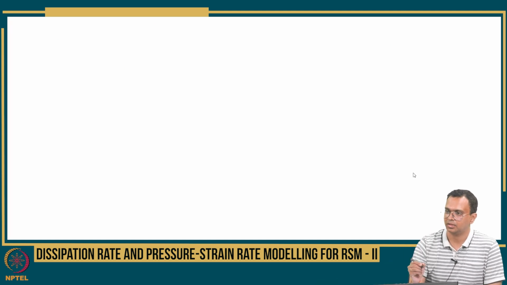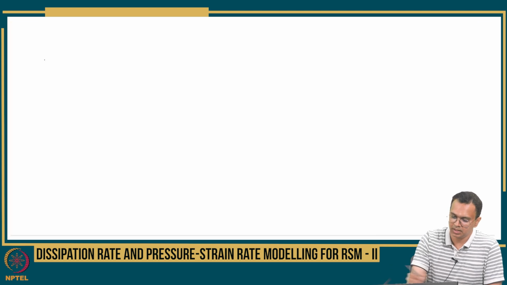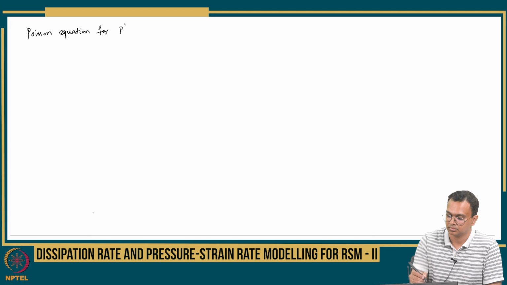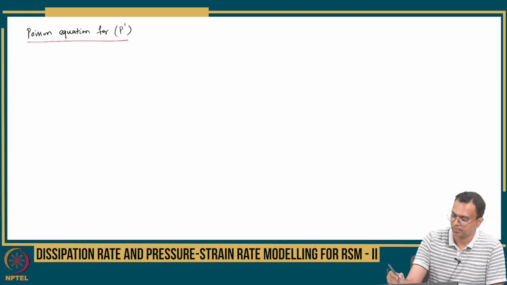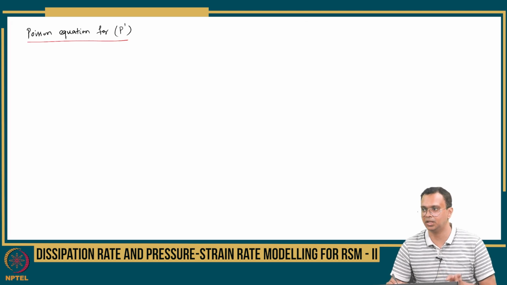So we need a pressure fluctuation P prime, right? So what I need is a Poisson equation for P prime. You would have seen a Poisson equation for pressure, instantaneous pressure itself.